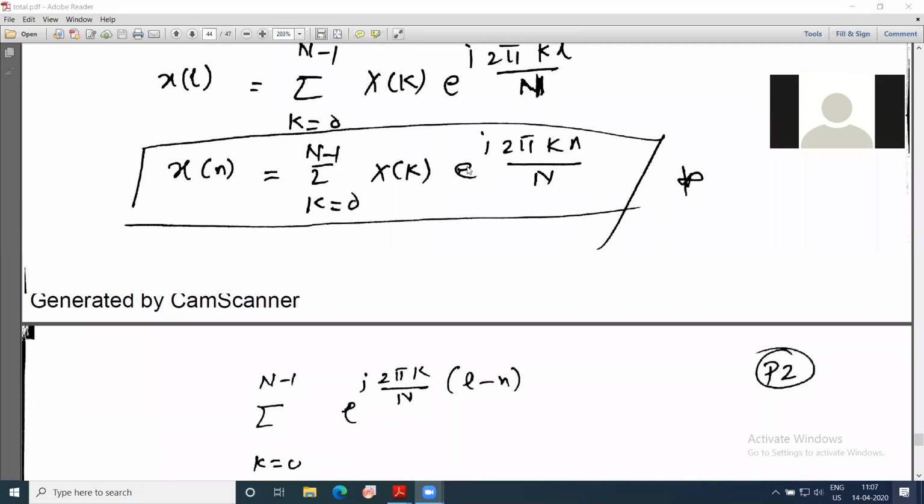W n to the power nk by n, with the minus sign, W n to the power minus nk. I am writing e power minus j 2 pi nk by n as W n to the power nk, so W n to the power minus nk will be e power plus j 2 pi nk by n.